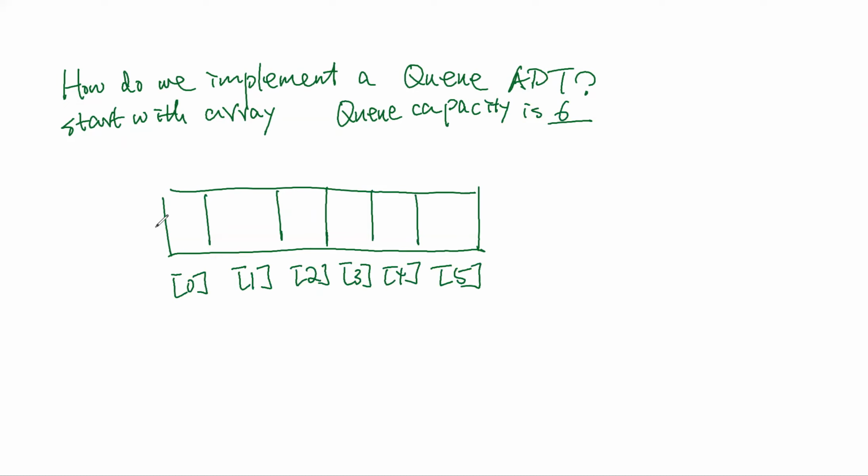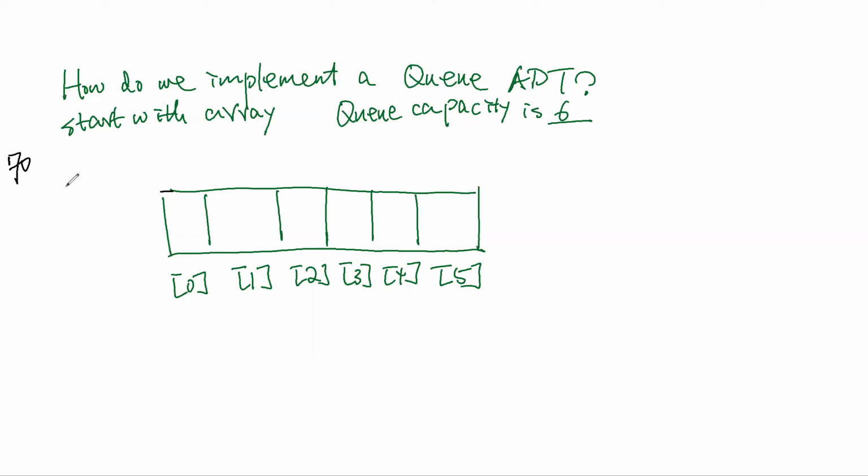Then in this case, suppose I have a number 70 I want to add to the queue. I'm going to use this array to store all the items for the queue.